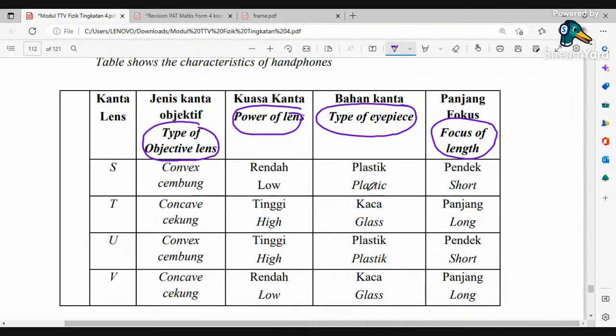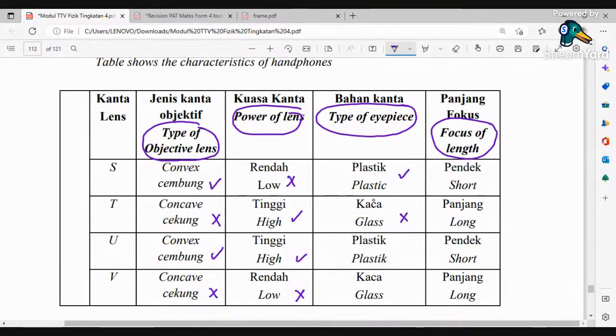Okay, kita akan pilih untuk objective lens. We will use convex, of course. So you just remove 2 of the concave. Power of lens must be high. Of course, we want high power. Okay, type of lenses. Okay, we use plastic. Ada reason dia kenapa plastic.